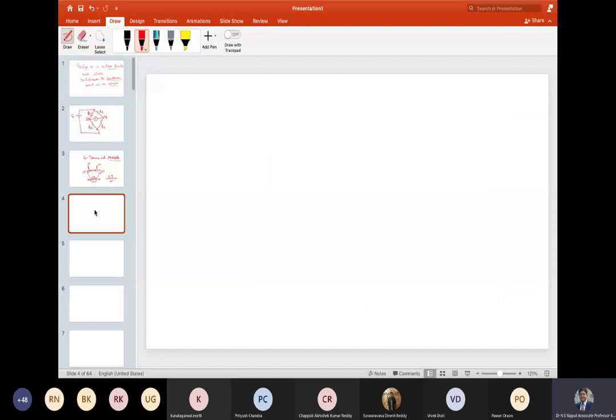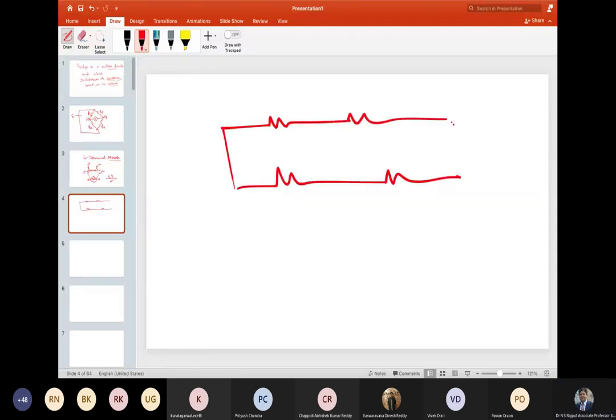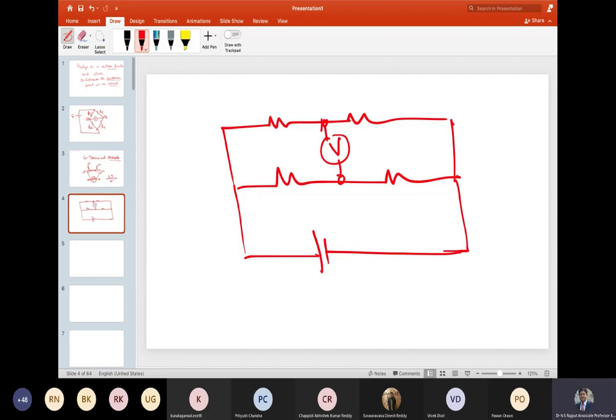So what we normally have is the standard Wheatstone bridge. If I draw it in some other way, I'm making it easier so that we can more conveniently understand it. Here I will place the voltmeter or galvanometer, and here I can say R1, R2, R3, R4.